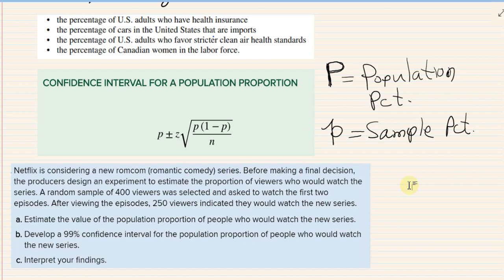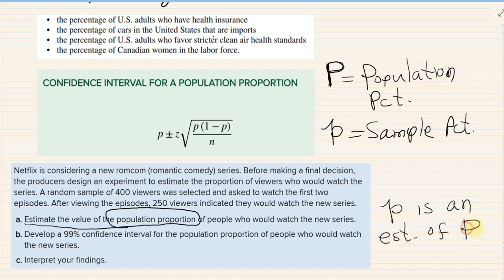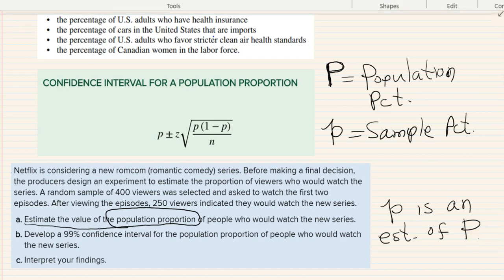Notice from a sample size of 400, we are inferring to the population of all viewers, including you and myself. So an estimate of the value of the proportion. Well, the little p is an estimate of capital P. In other words, the sample percentage is a best guess at the population percentage.